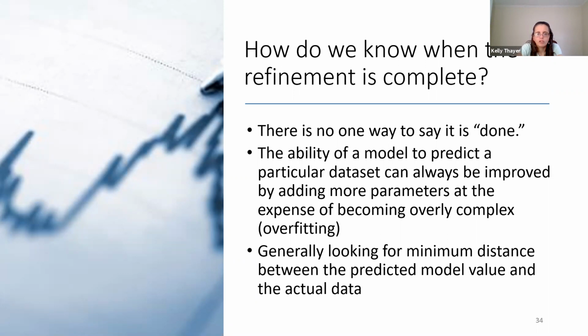Well, instead of drawing a straight line, we could say, well, I'll draw a squiggle, right, freehand, and then you can draw around the data points that are not in the correct orientation. But the problem is that's going to be subject to overfitting because you're looking at an example that's too specific. So generally what we're looking for is the minimum distance between the predicted model and the value of the actual data.